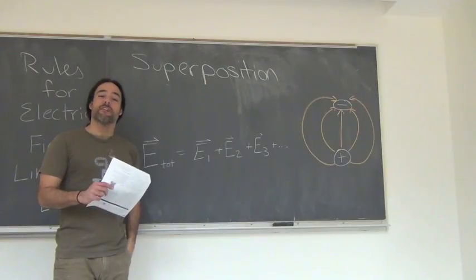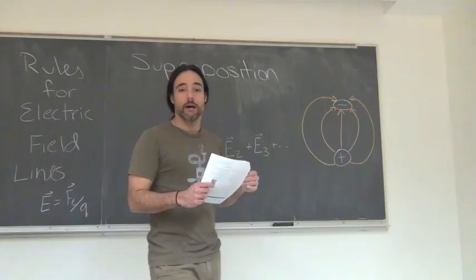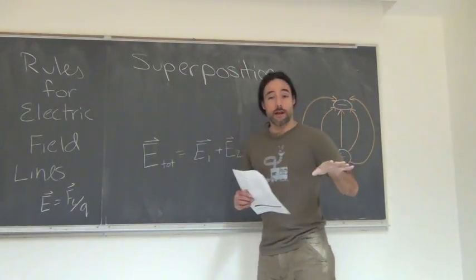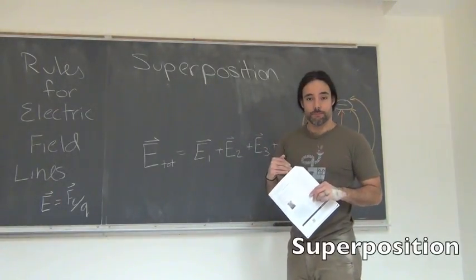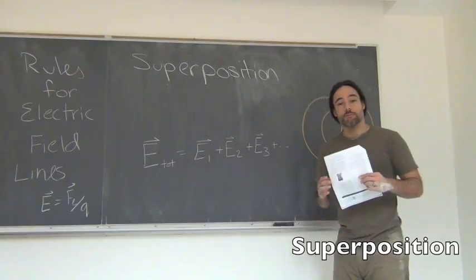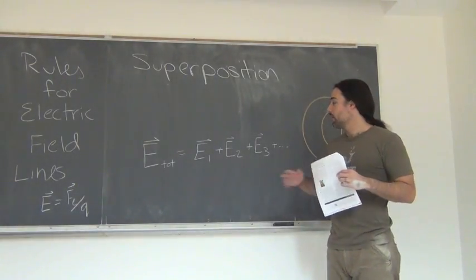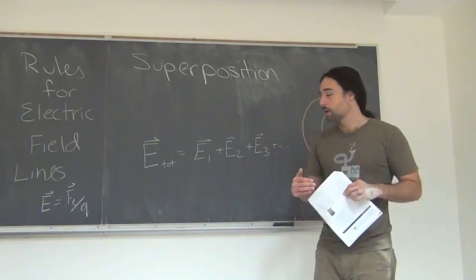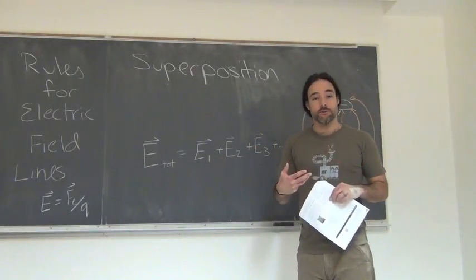The idea that electric fields never cross leads to another important concept in electricity, as well as many other areas of physics, I might add. And that's the idea of superposition. What is superposition? Superposition is the idea that if I take the electric fields from a bunch of individual charges and I add them all up, what I'll do is get some total electric field.